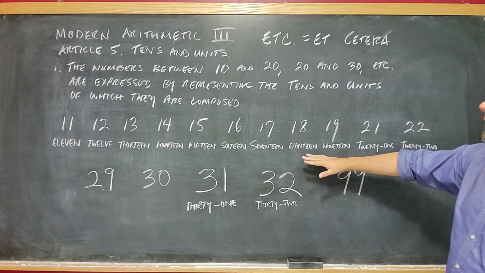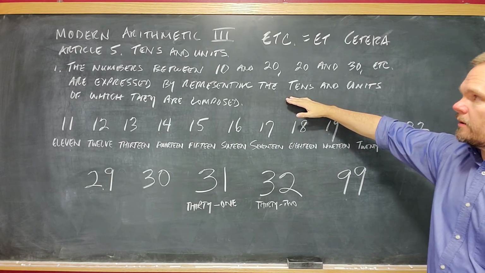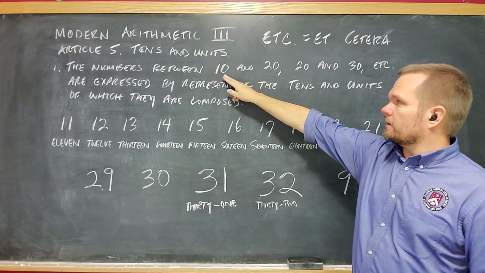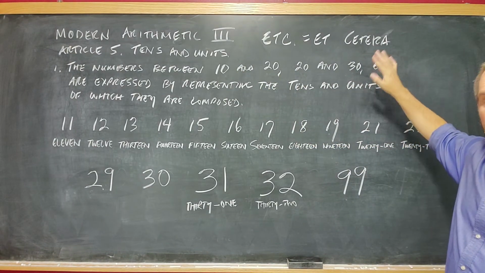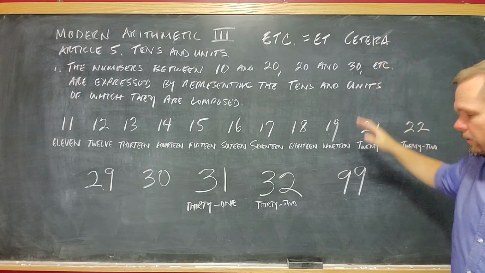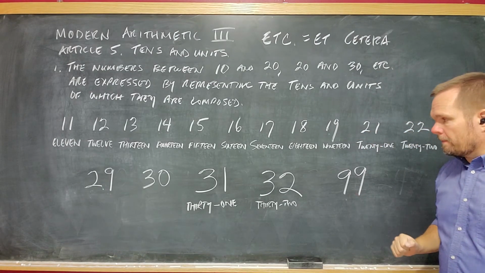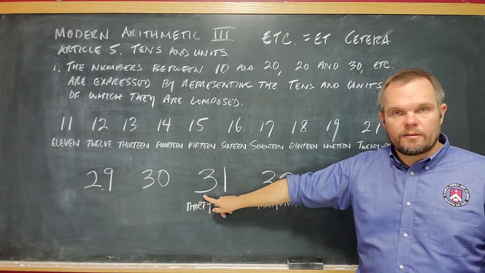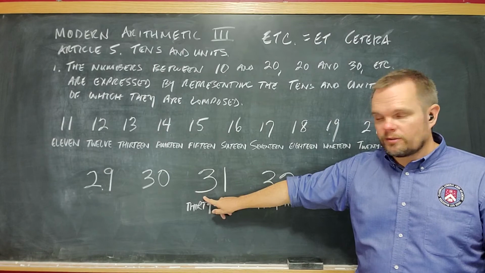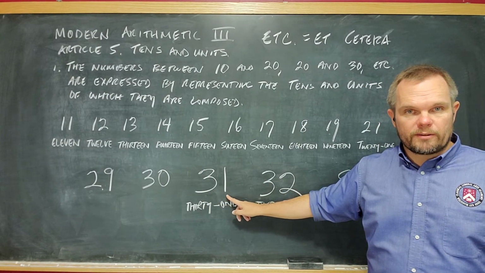Okay, but in Article 5, what we learn is how to write any numbers between 10 and 20, 20 and 30, etc., and the rest, all the way up to 99. Okay? We simply write the number of tens in the second place and the number of units in the first place.